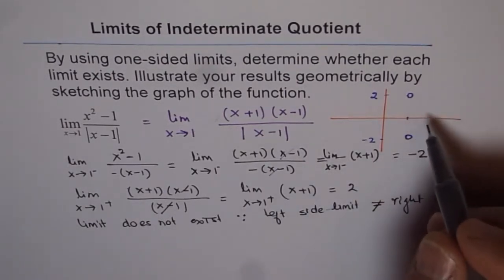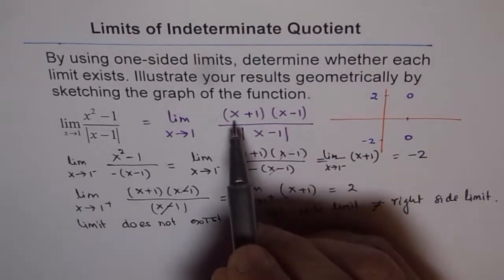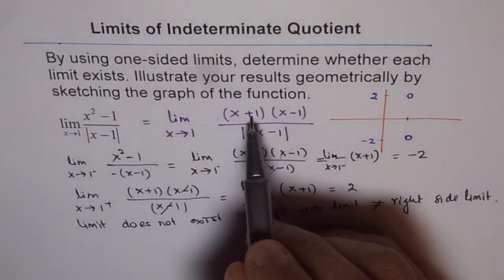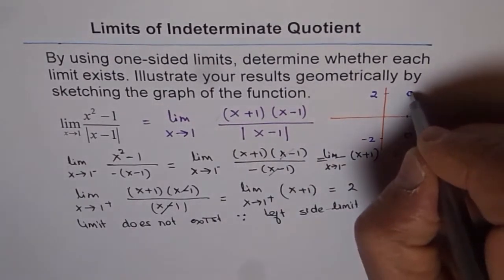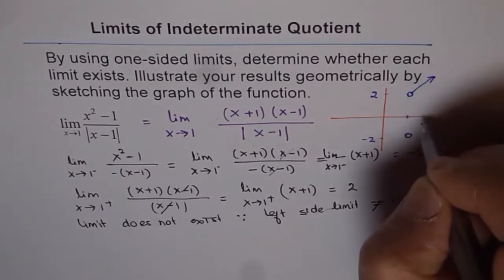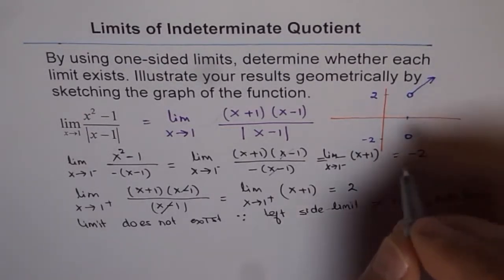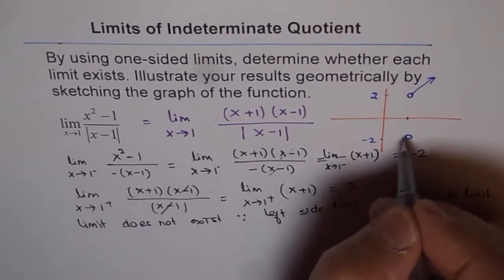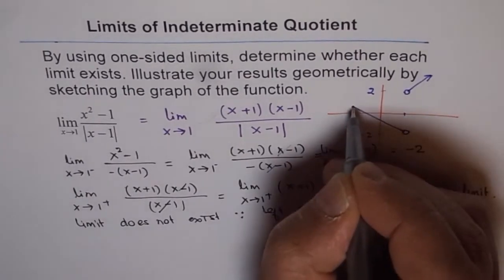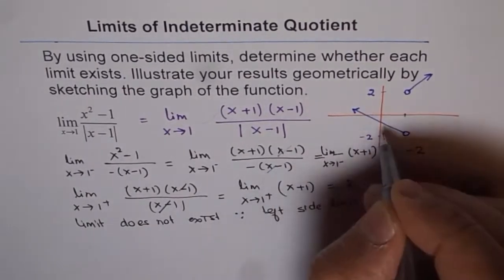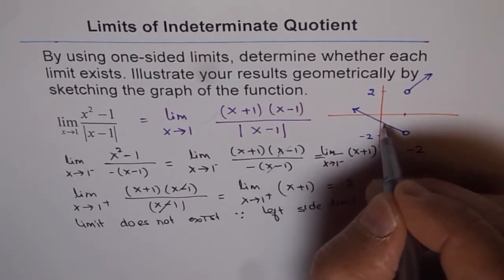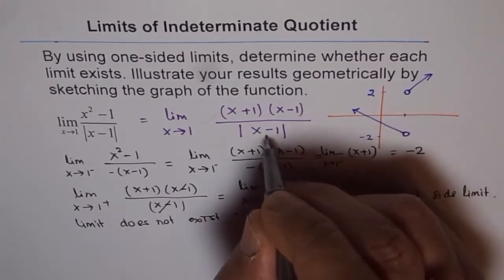But when you're approaching from the plus side, the equation is x plus 1. So here the graph will be like this, correct? And on this side, it will be like this, going through this, correct? Because the equation is minus x minus 1.